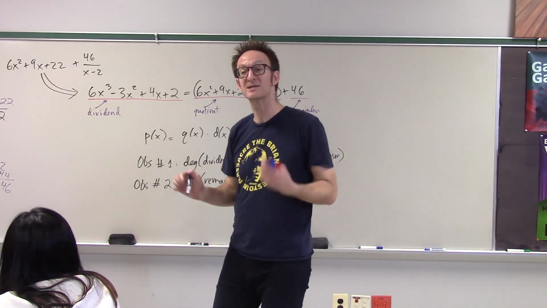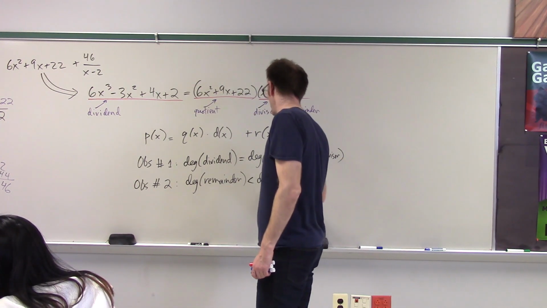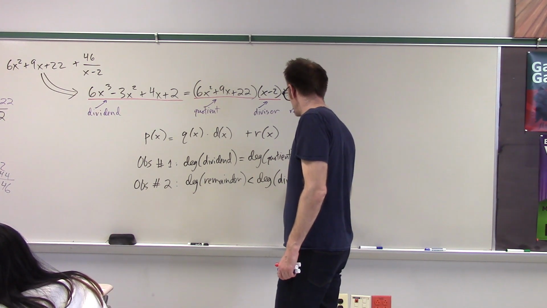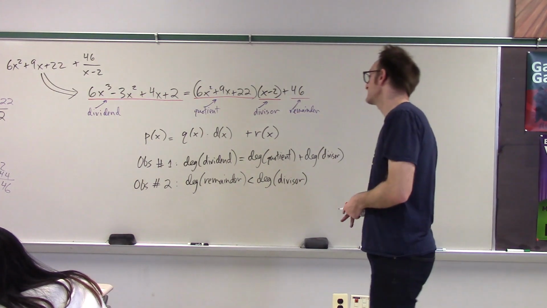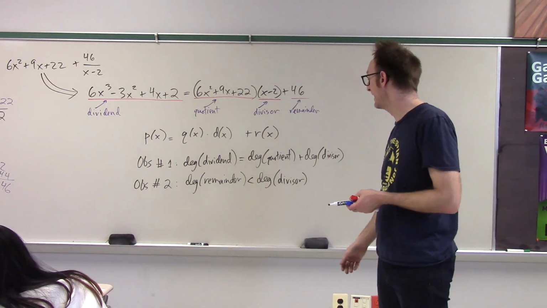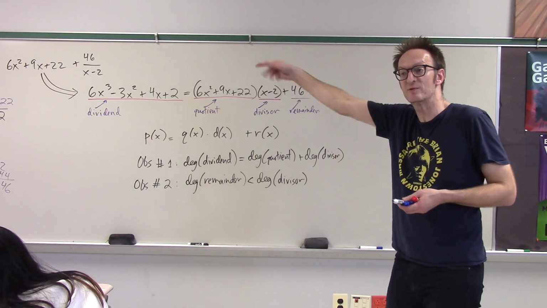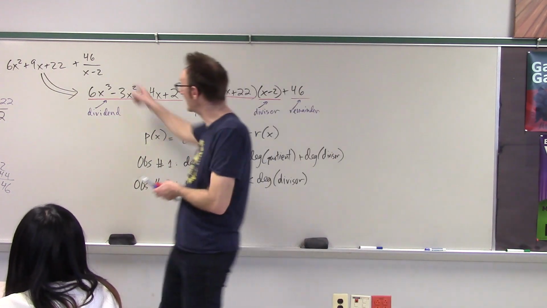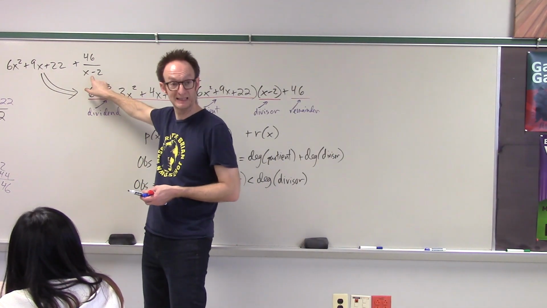But it has to be less, right? The degree of the remainder has to be less than the degree of the divisor. This is maybe so silly it's not worth mentioning, but it's true because if it weren't, you would just keep dividing. Built into the polynomial long division algorithm, you keep dividing until you can't divide anymore. And you can't divide anymore when the degree of the remainder is strictly less than the degree of the divisor.